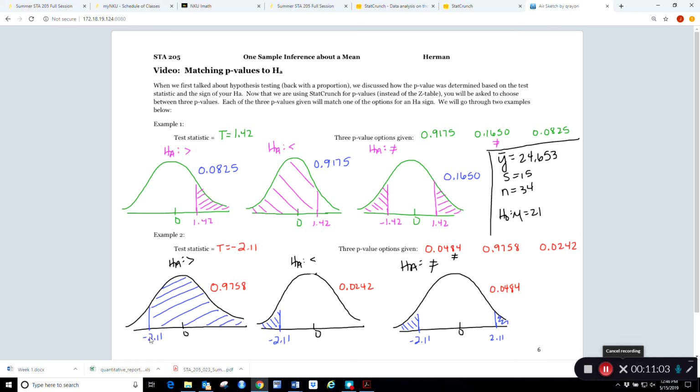But if your test statistic is negative and you do a greater than sign, your answer is going to be bigger than 50%. So the sign of your test statistic is also going to be important when trying to figure out which one is bigger or smaller than 50%. So for a lot of us, I think drawing the picture can be most helpful with that. So hopefully that clears things up on how to figure out your p-value based upon your alternative hypothesis.